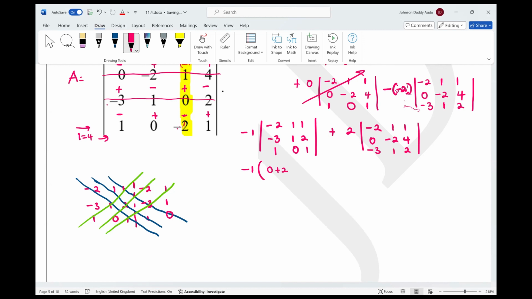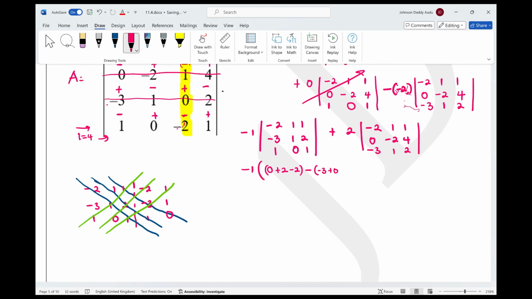I'm going the main diagonals now. There is the blue one: -2, -2. So this is -2, right? Then minus the green one, from the ground, I'm seeing -3 plus 0. Then plus what?